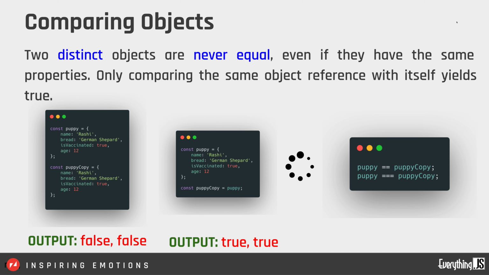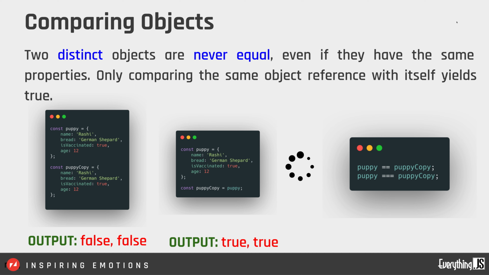When you compare two different strings, the value is compared. But if you compare two objects, the object reference is compared. Even though these two objects have the same properties and values, their references are compared, and they are two different references.